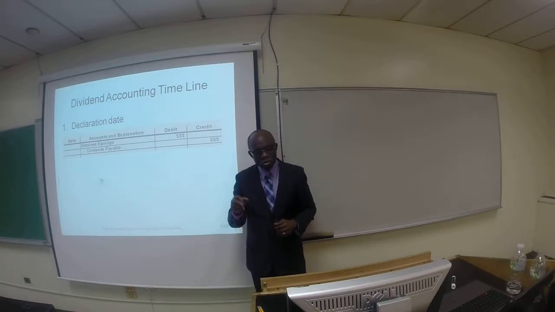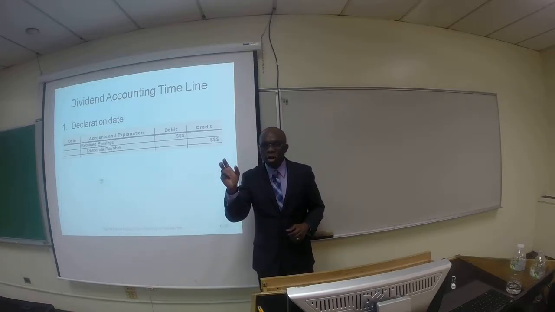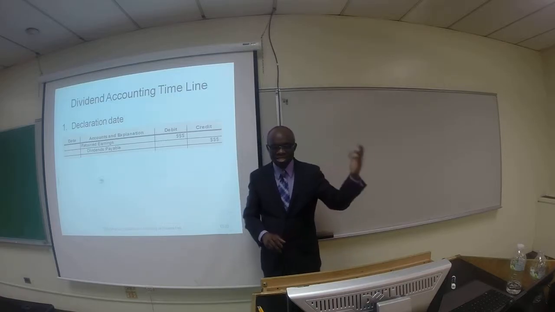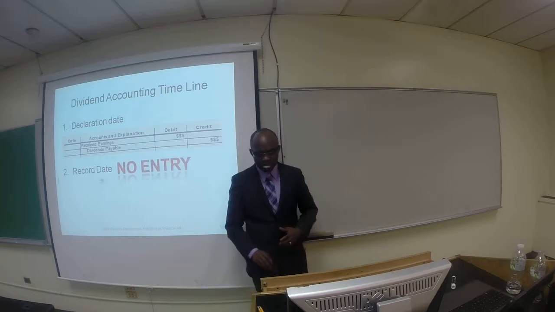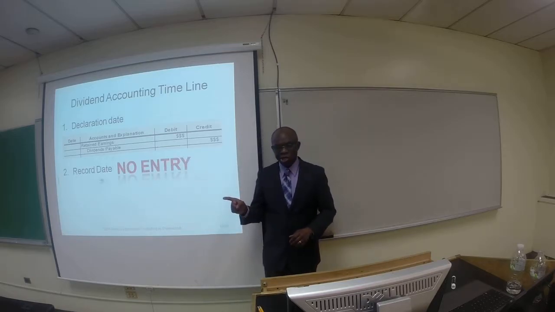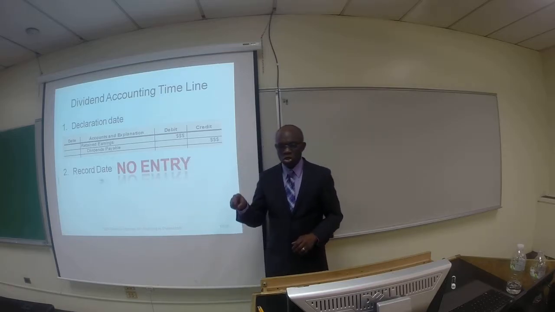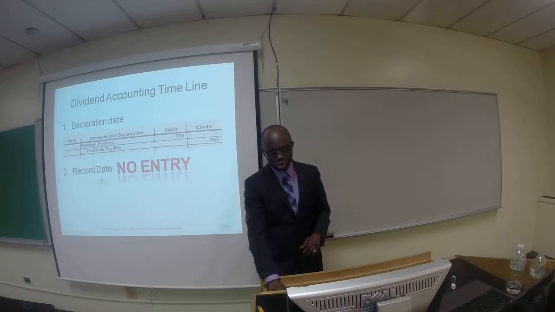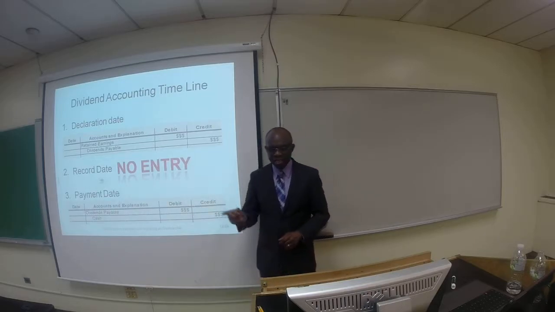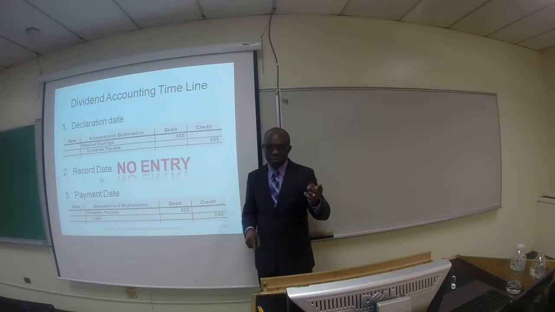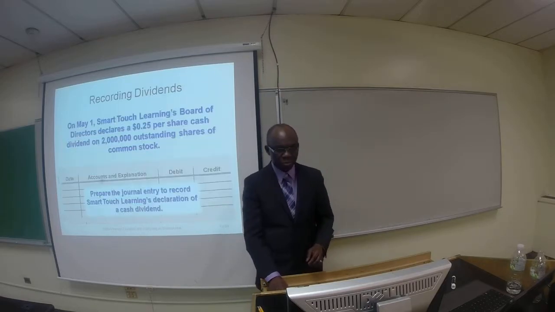Whatever amount we have in retained earnings is the earnings that the company has retained since its inception. So that is the journal entry we make on the declaration date. On the record date, there is no entry. On the payment date, there is an entry with a debit to dividends payable and a credit to cash.